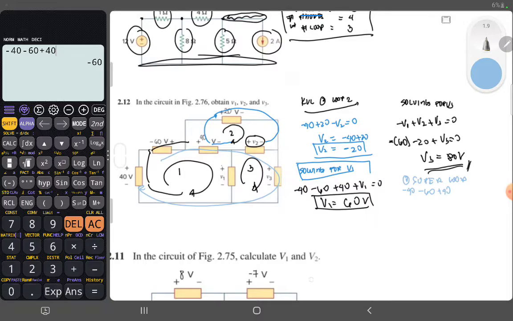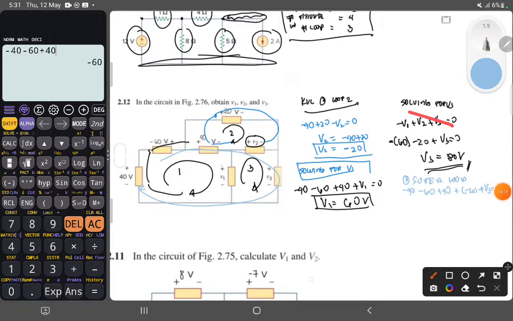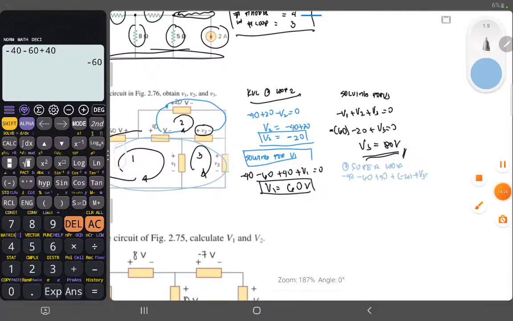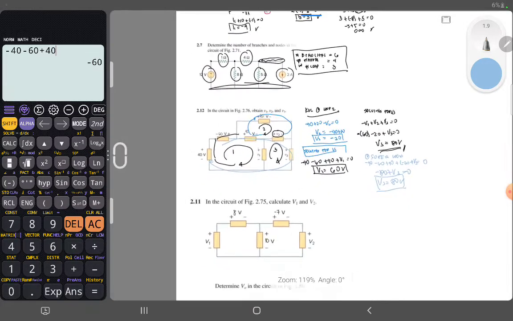Plus 40 plus V2 which is equal to negative 20 plus negative 20 plus V3 equals 0. Okay? So, equals 0. From here, I will have negative 80 plus V3 equals 0. So, V3 is still equal to positive 80 volts. Okay?